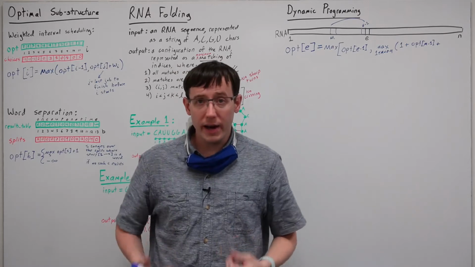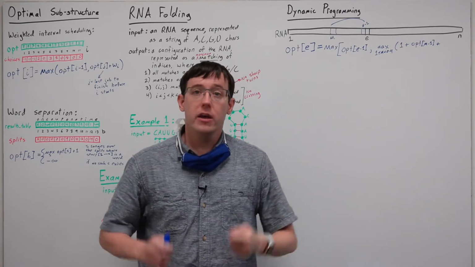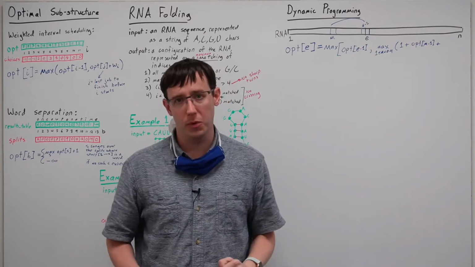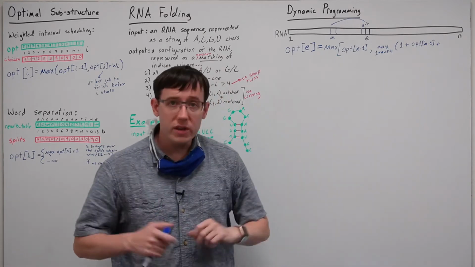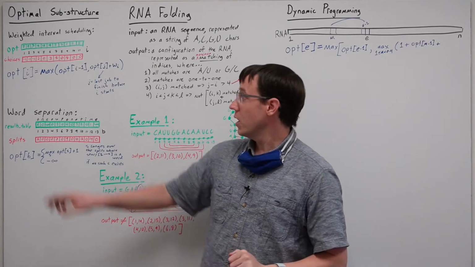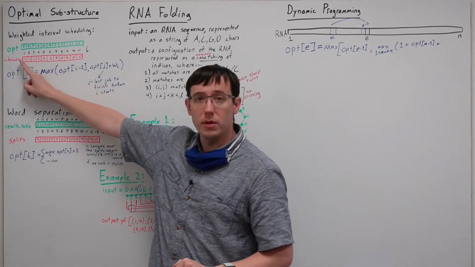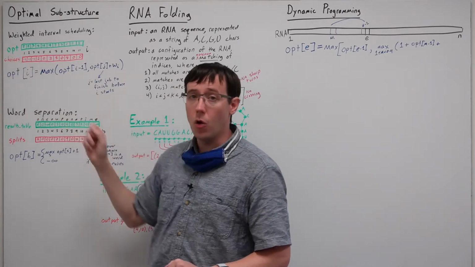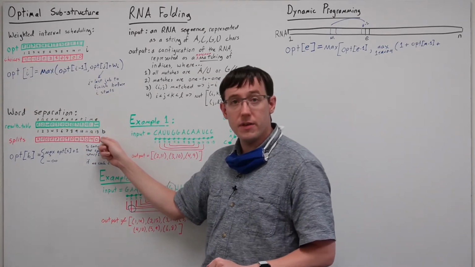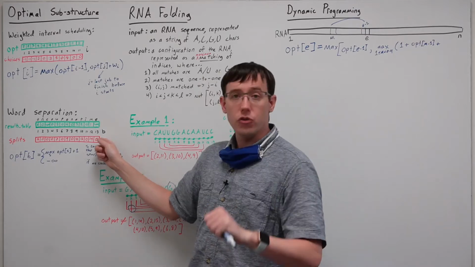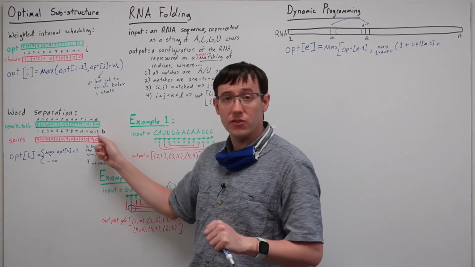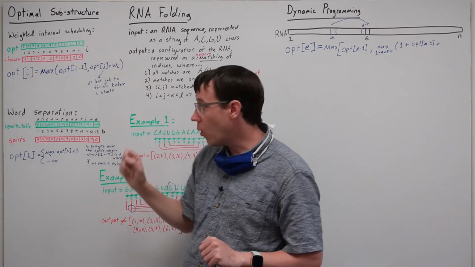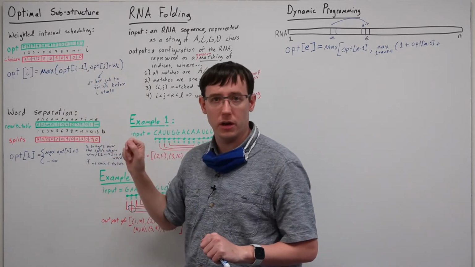And so here we recognize that we need two different dimensions to our table of subproblems. In our previous dynamic programming problems, we either had subproblems that always started at the beginning, or that always finished at the end. And so we could represent any subproblem by either just its end index or just its start index.